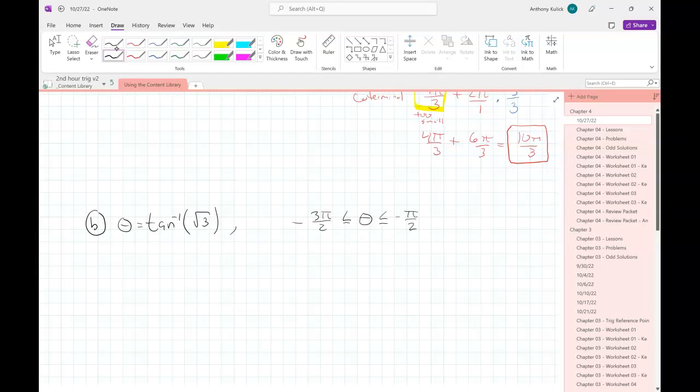All right. Here's another example. How do we start? Yeah, we start with the interval and figure out what quadrants we need to be looking in.